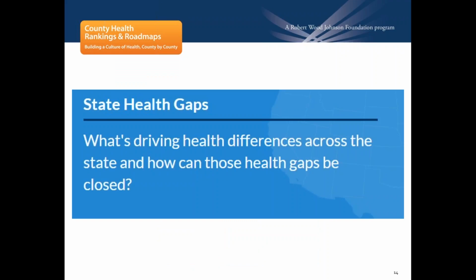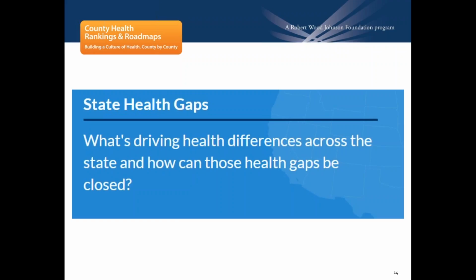The Health Gaps Reports were released in the fall of 2015, and they show what's driving health differences across each state and how those gaps could be closed. So this is another way to frame the conversation, especially if you're talking with state legislators or other potential partners at a statewide level, to show how much healthier your state could be if everyone had the same opportunities for health.